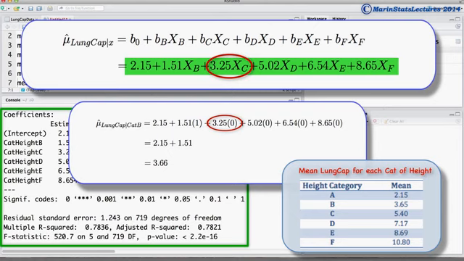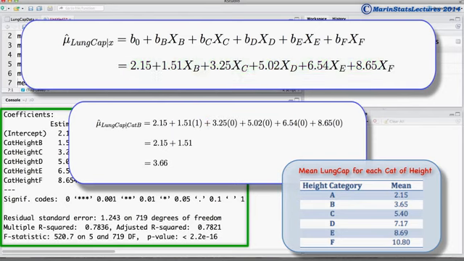The xC indicator is equal to 0 as this individual is not in category C, and so on. All other x indicators equal to 0. The mean lung capacity for someone in category B is 2.15 plus 1.51, which is equal to 3.66. This is the mean lung capacity for someone in category B. The slight difference you see is due to rounding error.